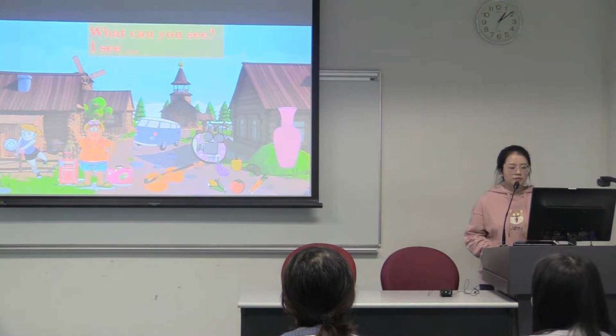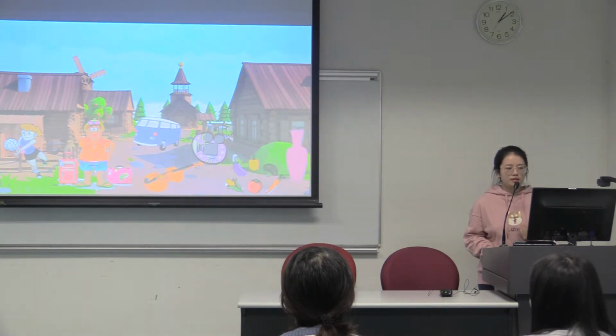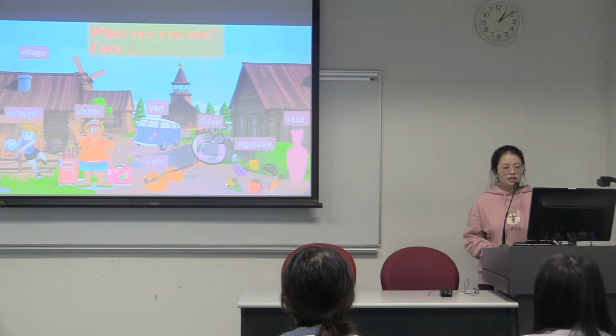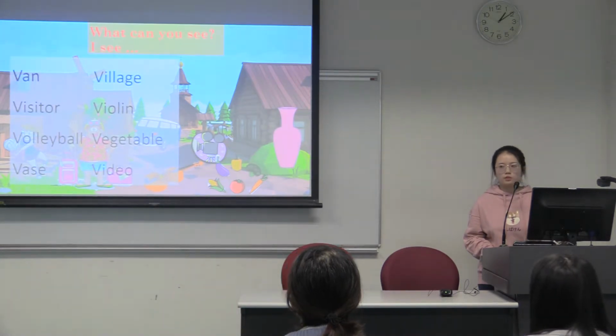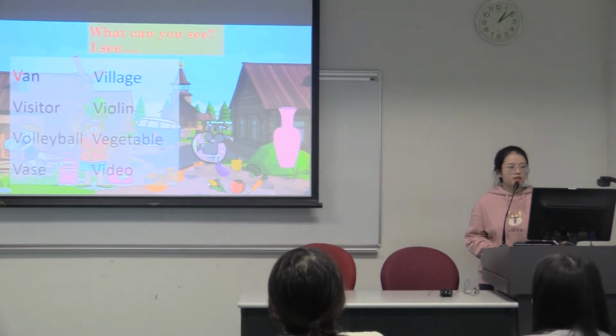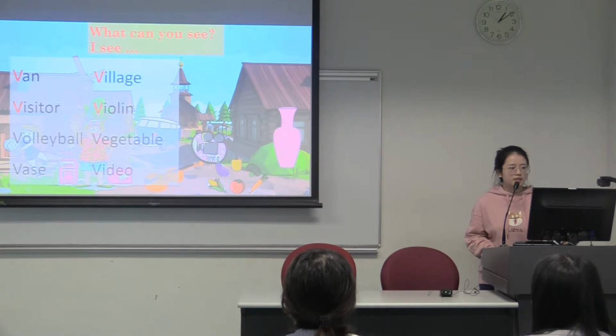Let students figure out what it is and tell us what it is. It is the village, they are in the village, and the visitor, the girl is playing volleyball, and they will find that all of these words begin with the same sound.